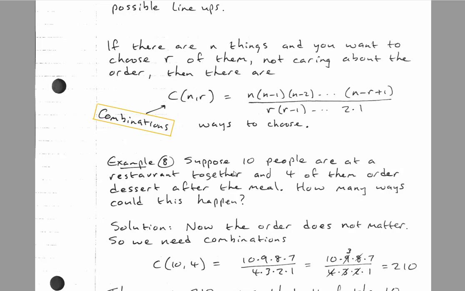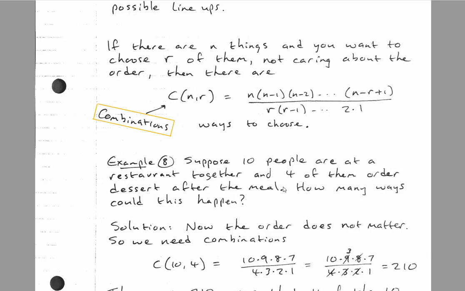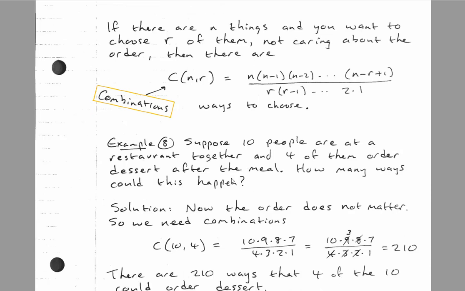Example 8. Suppose 10 people are at a restaurant, and 4 of them order dessert after the meal. How many ways can this happen? In other words, how many ways can you choose 4 people out of 10 people?